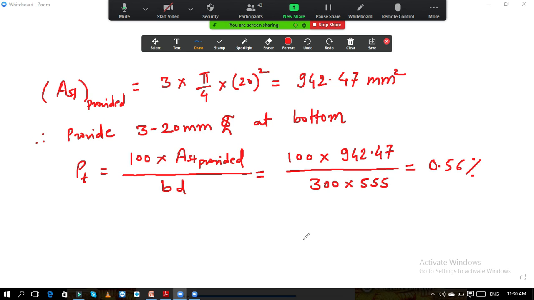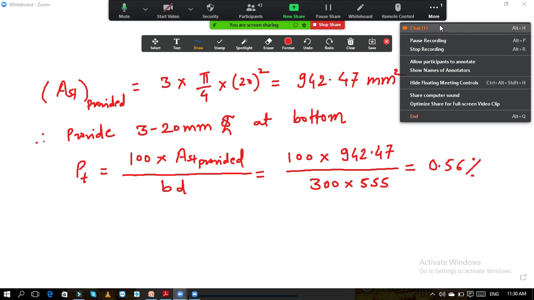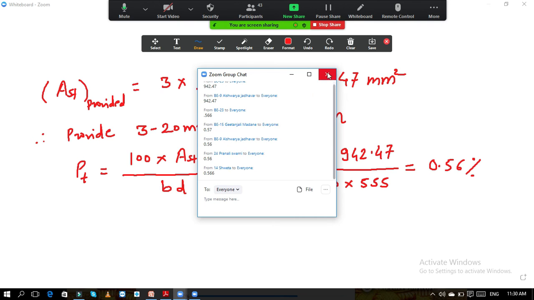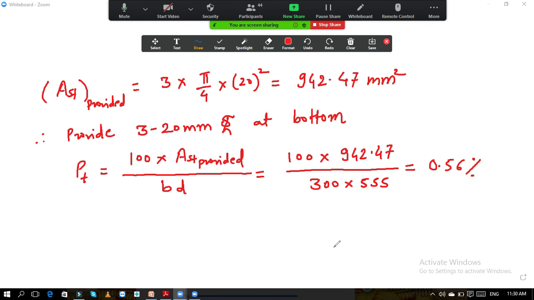Okay, so up to this point what we have done: we have calculated ME1, we have checked for the condition whether our MU is greater than MT or MT is greater than MU. Based upon that condition we have provided 2 bars of 12 mm diameter at top.